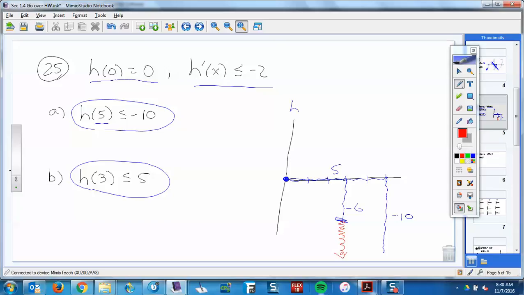Well, no, it couldn't, because then if you say h of 3 is just less than or equal to 5, that's not the cutoff, right? See the difference in that? Because if they say find a number L such that h of x will be less than or equal to L, you can't say 5, because that's like saying it could be 4, it could be 3, right? But they're asking a different question there. They're just saying, is it true that h of 3 is less than or equal to 5? Most certainly, because it's -6 or less.